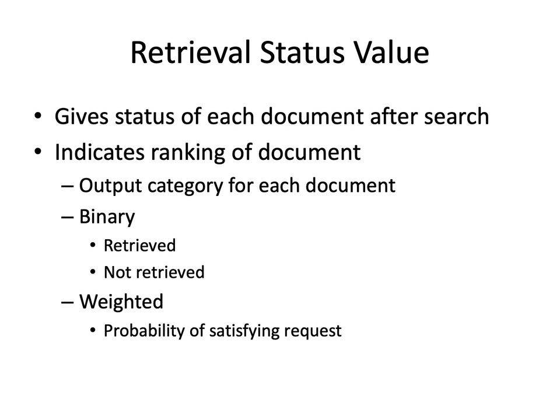In the last few decades, we've developed systems that give us weighted output. That is to say, we can give you a probability. Some of those probabilities will be high, perhaps even as high as 100% probability that this will be satisfactory to you. It will help you resolve your information need.